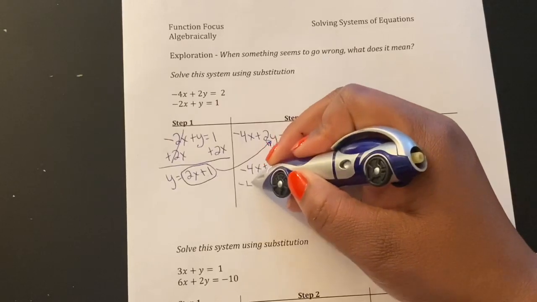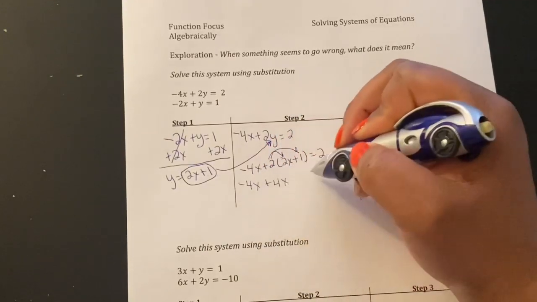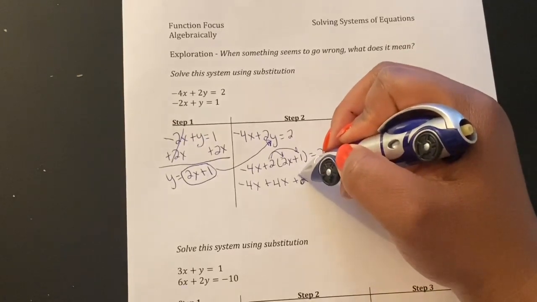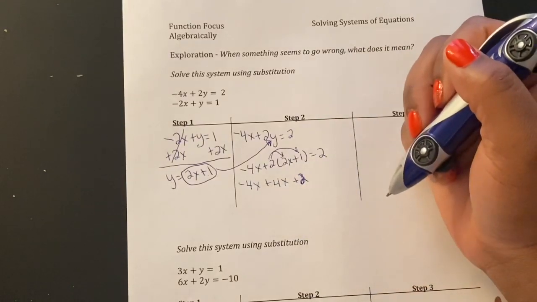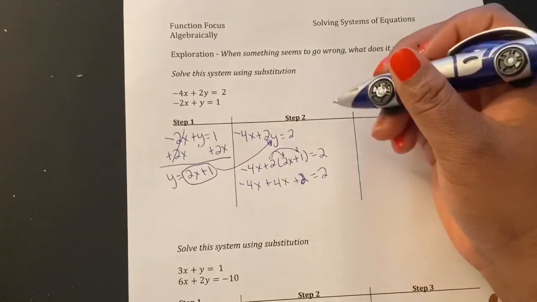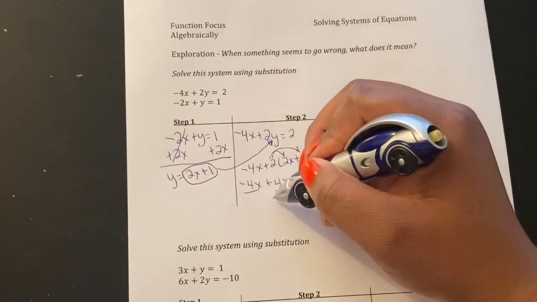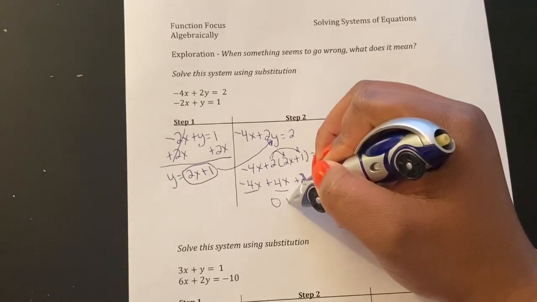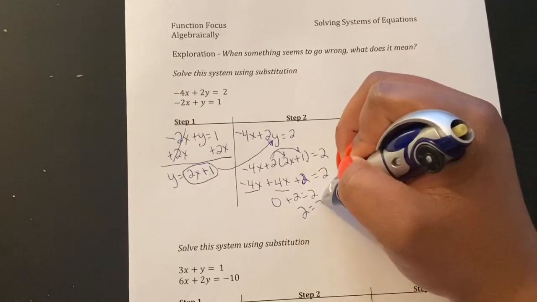I get negative 4x plus 4x plus 2, right, because 2 times 1 is 2, equals 2. Now I'm going to combine my like terms. Negative 4x and 4x makes 0. Plus 2 equals 2. And now I have 2 equals 2.